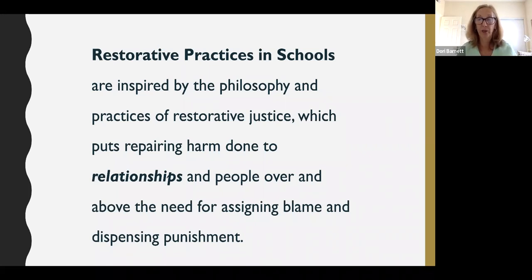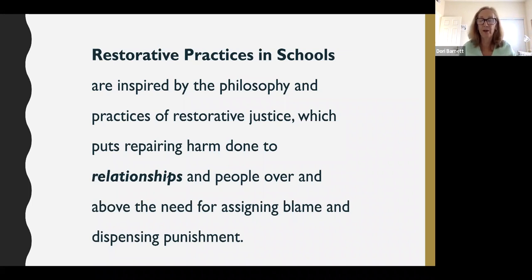It's an approach, it's a practice, restorative practice, but it does draw from restorative justice principles or philosophy, which puts repairing harm done to relationships and people over and above the practice of assigning blame and dispensing punishment.